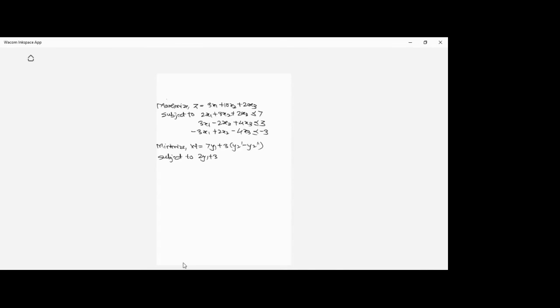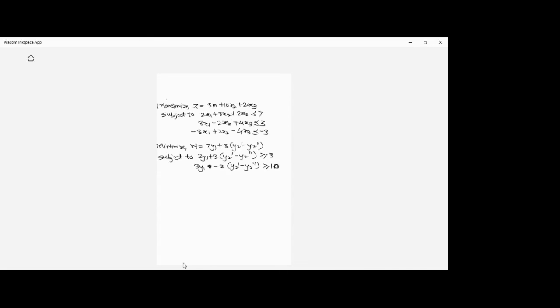2y1 plus 3y2 dash minus 3y2 double dash greater than or equal to 3. 3y1 minus 2y2 dash plus 2y2 double dash greater than or equal to 10.